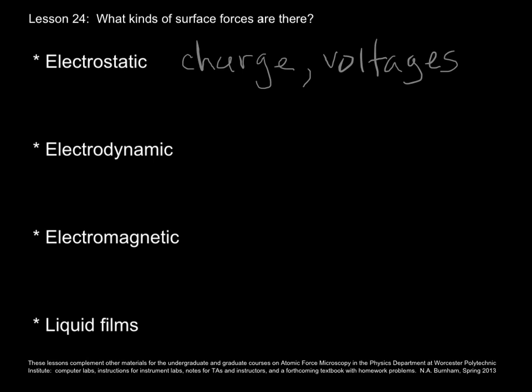So if you remember from intro electricity and magnetism, there is energy stored within the plates of a capacitor, and that's more or less what you have when you have a tip and a sample separated by some space. You've got energy stored in the electric field there, and there are forces associated with that.